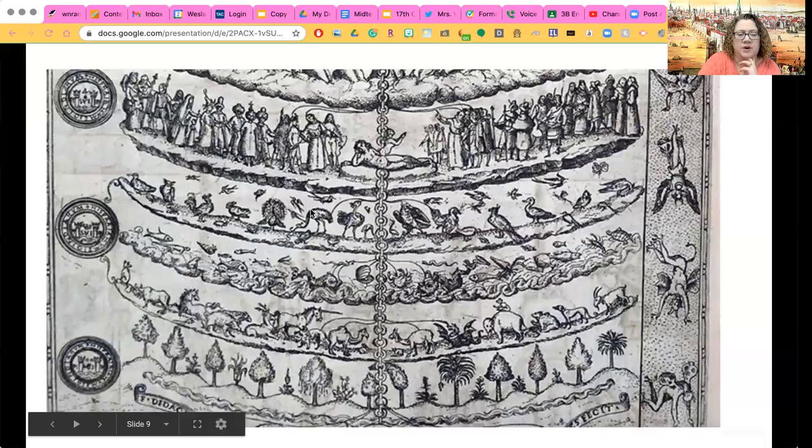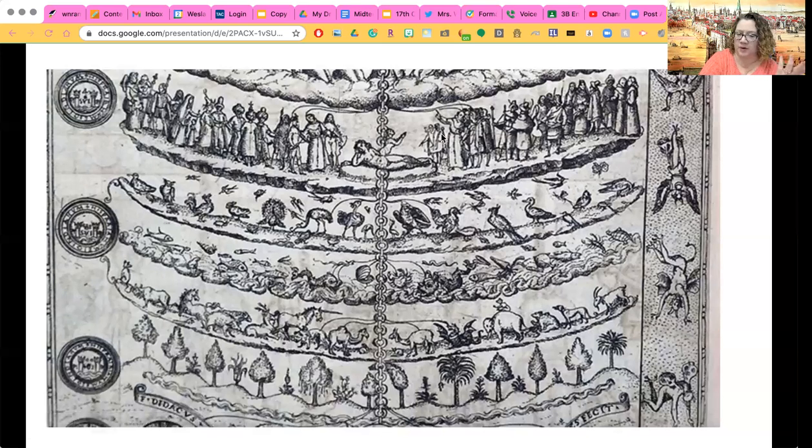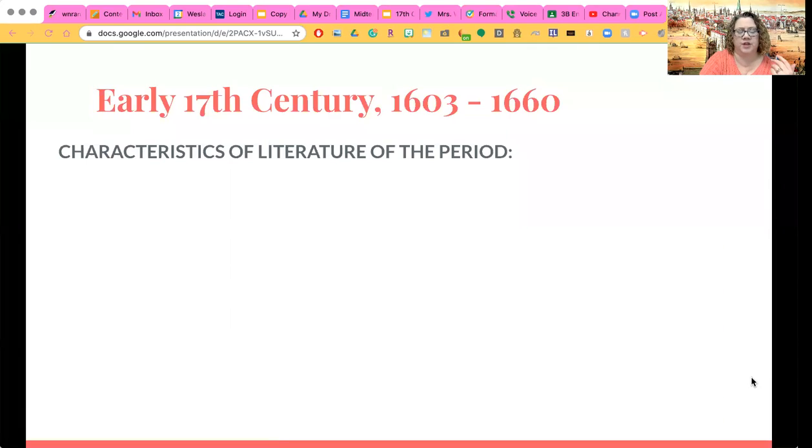Then you can see the birds, the sea creatures, the land creatures, camels and elephants and all that stuff, beasts of burden, and then the trees. So humans are more intelligent on an upper level compared to birds and so on. That's the Great Chain of Being, and everything's connected through that chain.